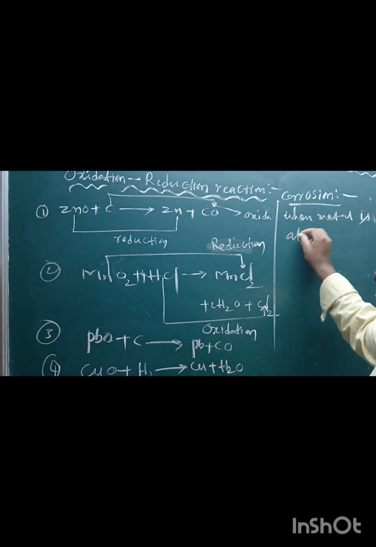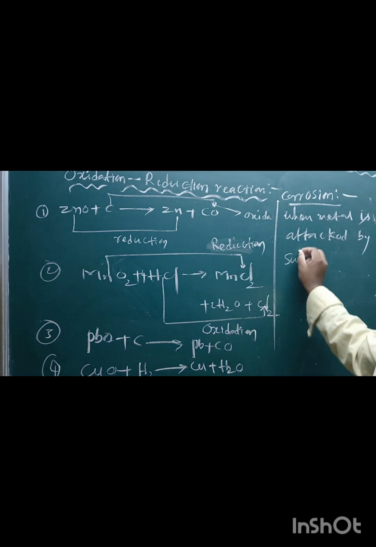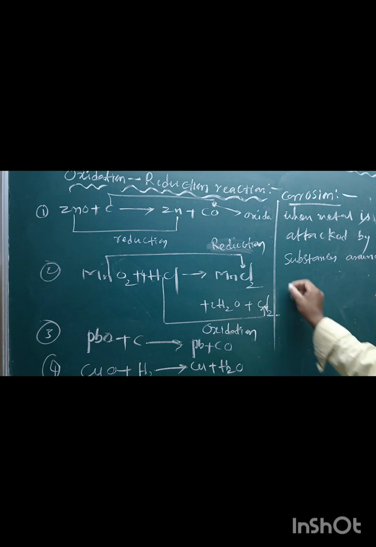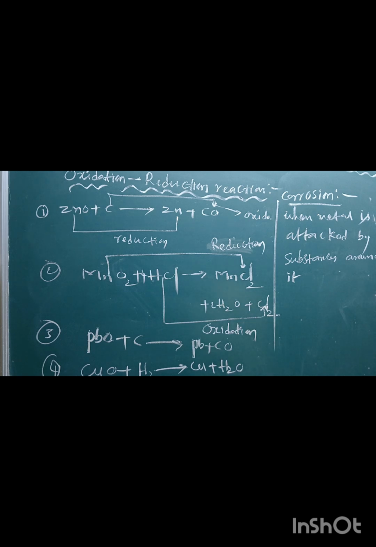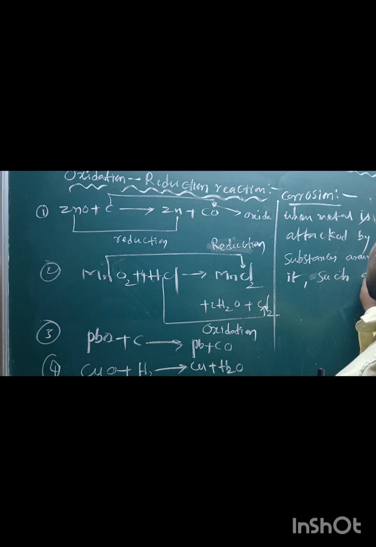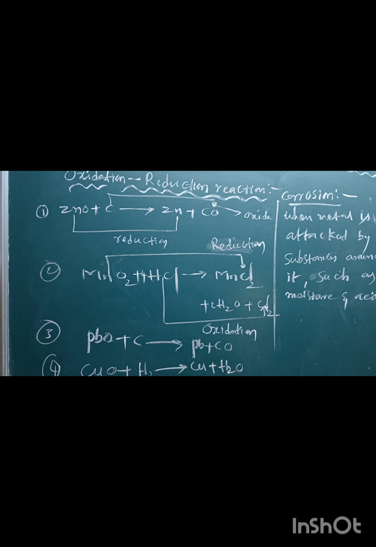When a metal is attacked by substances around it, such as moisture and acids, it is called corrosion.